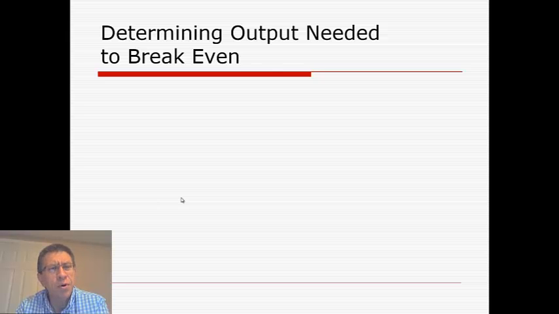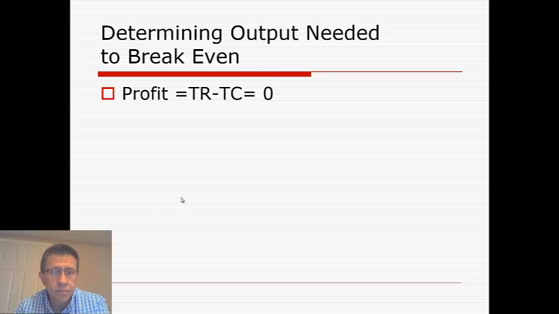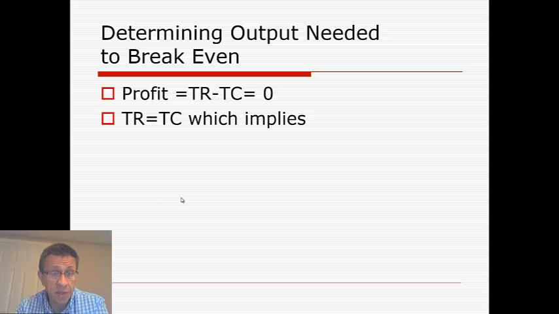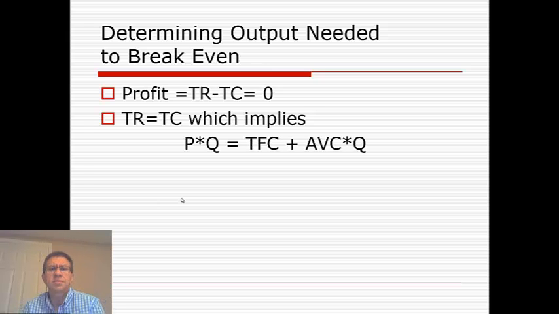So what output would be needed to break even? Well, breaking even is when profit is zero. So it's when total revenue minus total cost is nothing, which means total revenue exactly equals total costs. Then we can do a little bit of substituting. We know that total revenue equals price times quantity, and that total costs are split between fixed and variable costs.